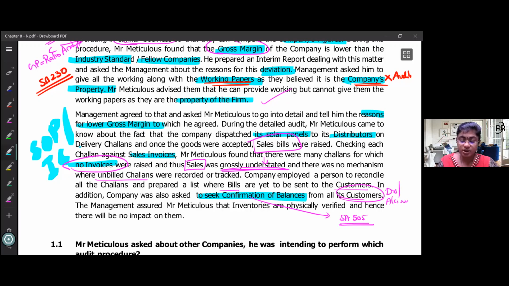The management assured Mr. Meticulous that inventories were physically verified, hence there will be no impact on them. So students, what issue happened in this para? Gross profit margin was very less. Sales bills were omitted. Now he is going to obtain confirmation so as to trace which sales were omitted.